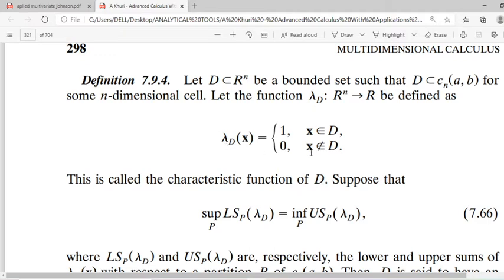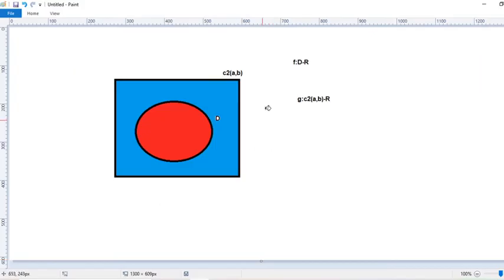It is an indicator function. Usually it is known as the characteristic function of D. So what is the structure of a characteristic function?